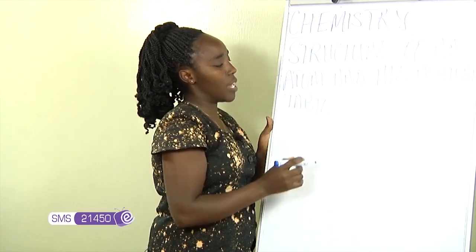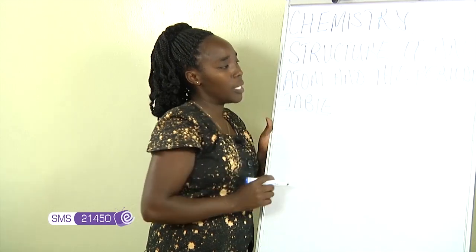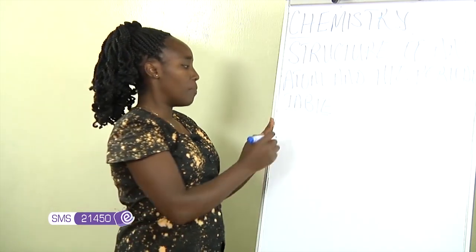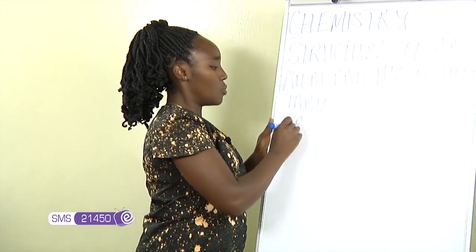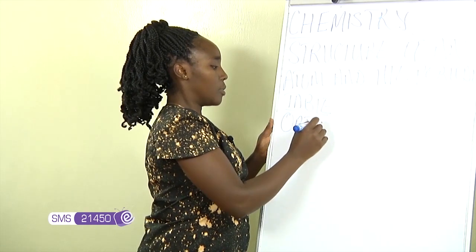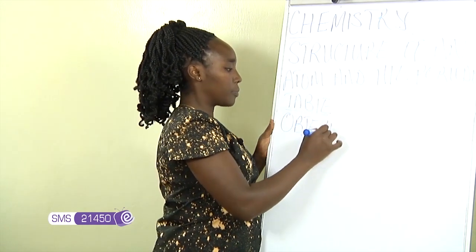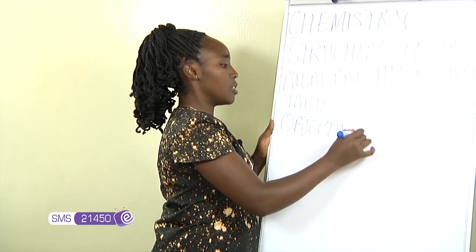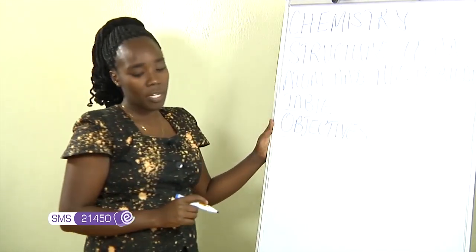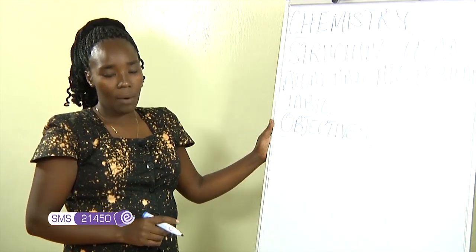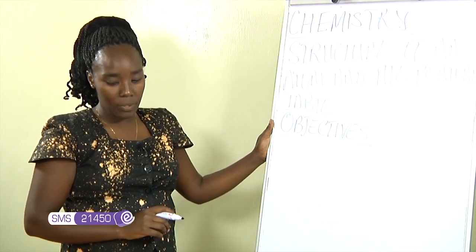So structure of an atom in the periodic table. That will be our first topic. In our first topic, we need to know what objectives we need to achieve by the end of our topic or by the end of our lessons.